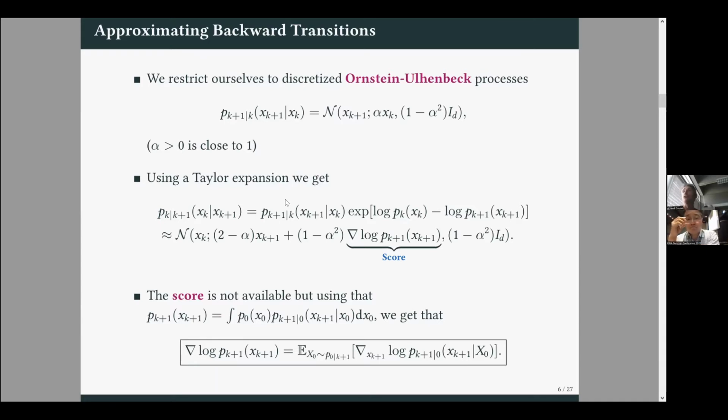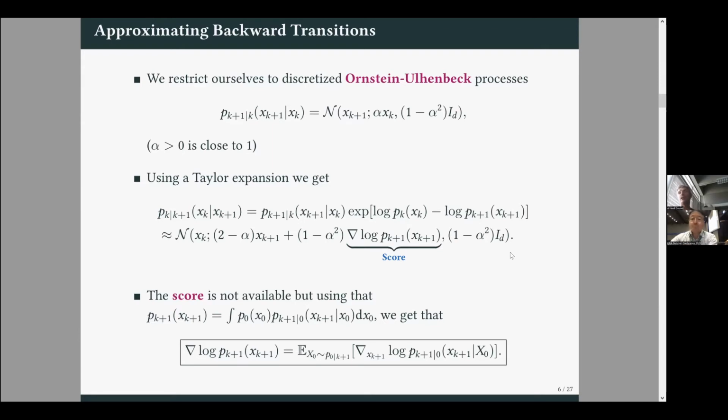And what I'm going to do then is some kind of Taylor expansion. I'm going to replace p_k of x_k by p_{k+1} of x_k, and then do a Taylor expansion of this quantity, and I end up with this expression here.